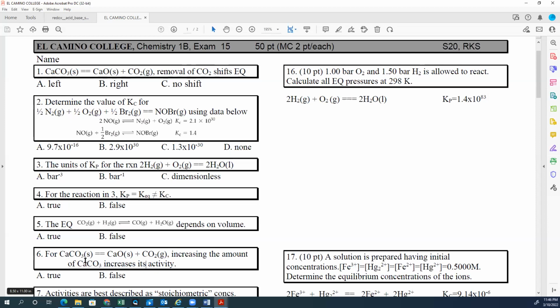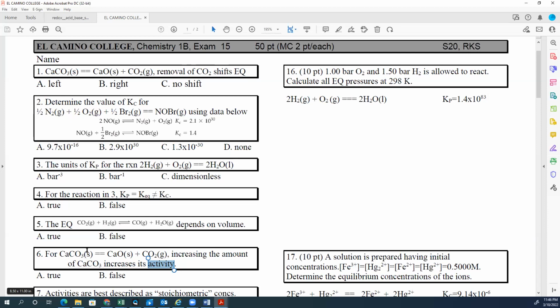Remember, for K, we look at concentration. And if the concentration doesn't change, then that doesn't change what we call its activity. So increasing the amount of calcium carbonate, it's still 100% calcium carbonate, regardless if we have a little or a lot. We just need enough to reach equilibrium. And so it doesn't make it more reactive.